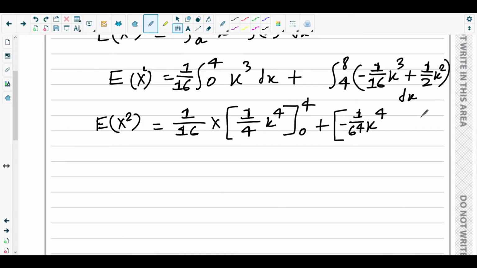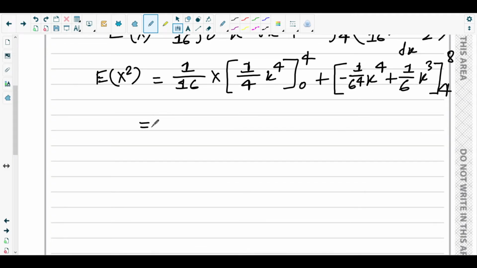And then the integration of x squared is x cube, so plus 1 over 2 times 3, that is basically 6. Upper limit is 8, lower limit is 4. That's it. Now just do the calculation.